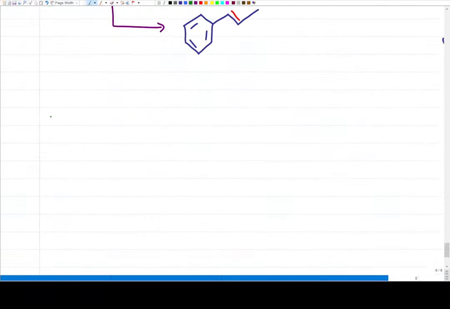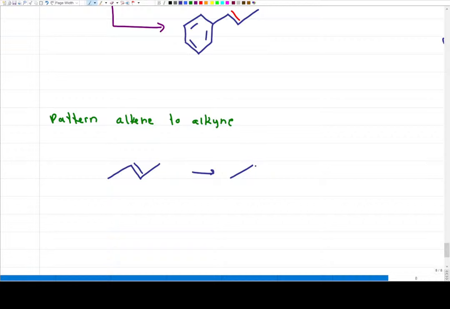The pattern that I want you to recognize is anytime you need to go from an alkene to an alkyne, it's not as simple as just adding another pi bond. You actually have to break the pi bond to reform it. That means if I have an alkene, I first break the pi bond by doing a double halogenation so that I can do a double elimination, and bam, very easy if you recognize it, very hard if you don't know to look for the pattern.